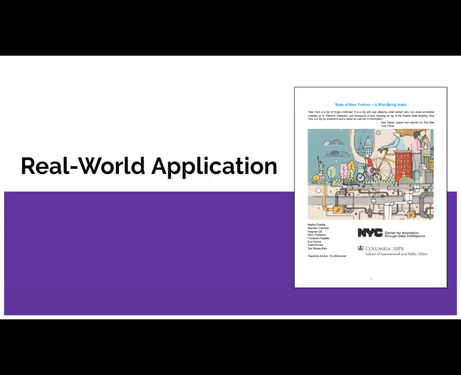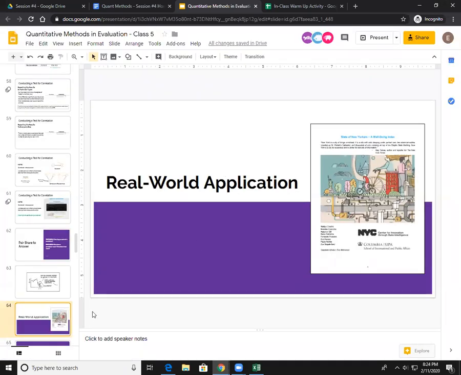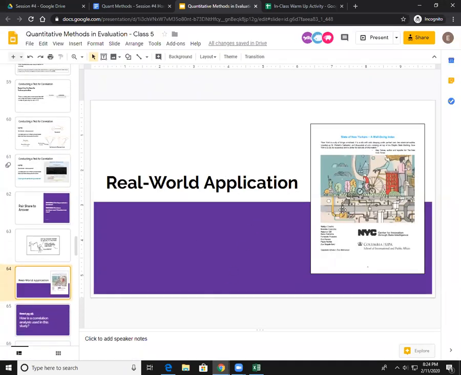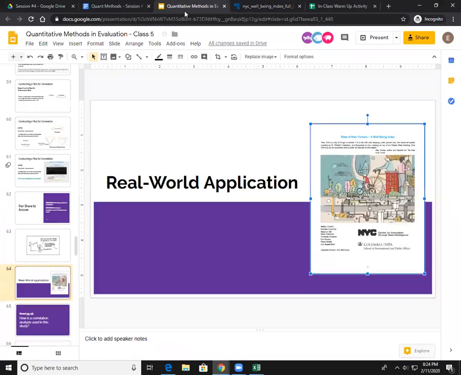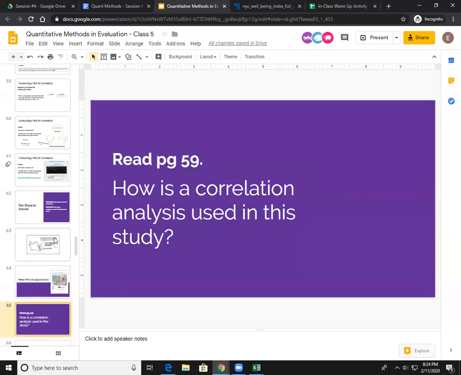Okay, so when we're talking about this study, this study of well-being in New York City, if you're in your slides, you can go to slide 64, and that picture is a link. So let's open it up. And my question for you is, let's go to page 59. How is a correlation analysis used in this study?